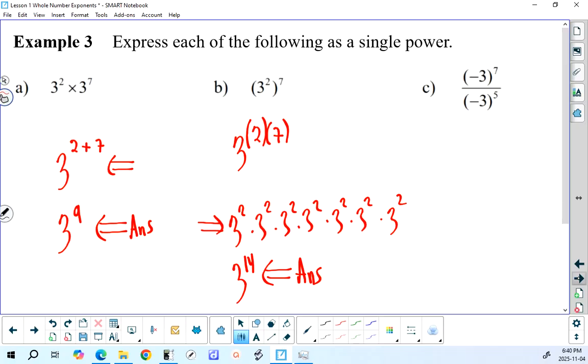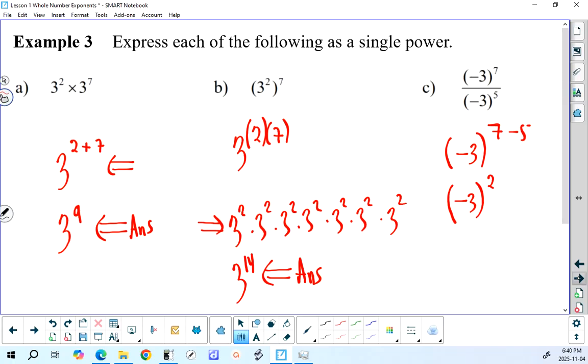Over here, when you divide powers that have the same base, you write it as a single base, and you take the top exponent and subtract the bottom exponent. So we end up with negative 3 raised to the 2, because 7 minus 5 is 2.